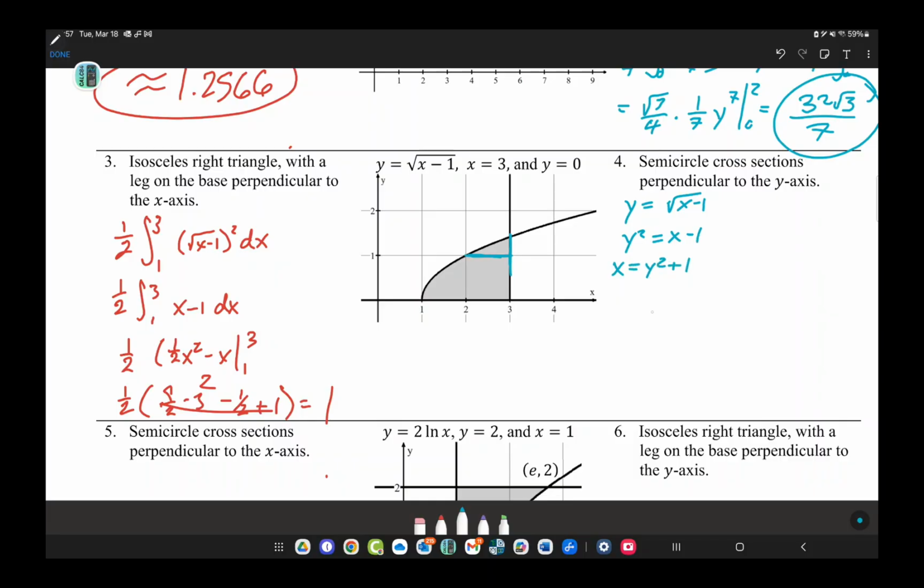So we are going to do pi over 8 times the integral for y. What are the y values here? Is it square root of 2? Okay. So from 0 to square root of 2 of 3 minus y squared minus 1 squared dy.